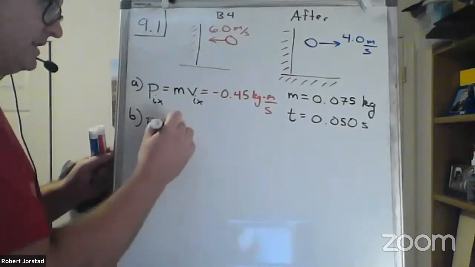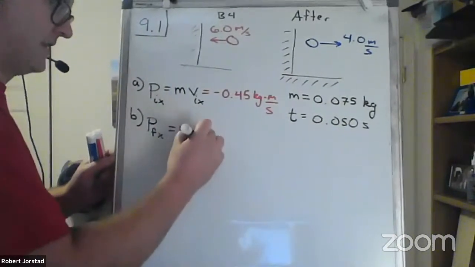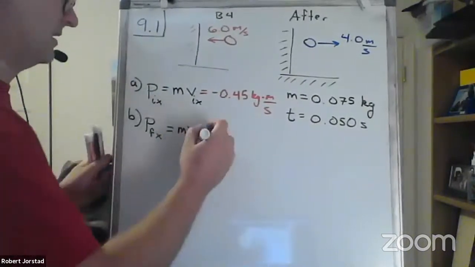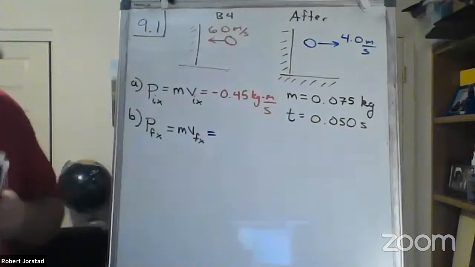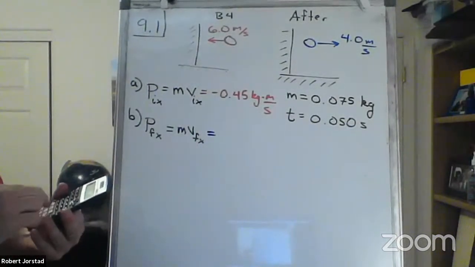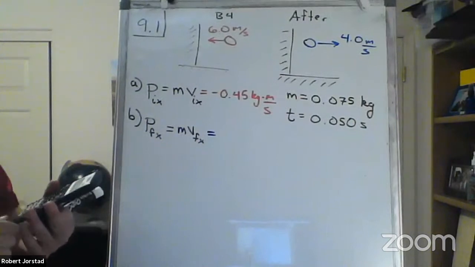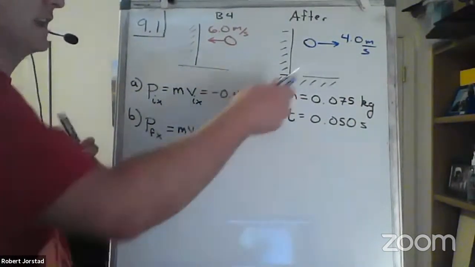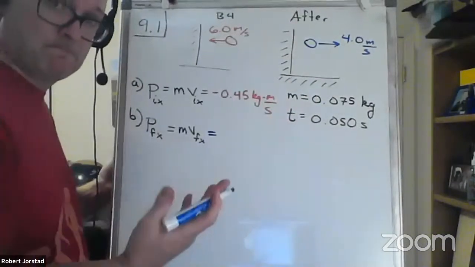Get rid of that vector now because I wrote the X. So we'll say P final X is equal to M V final X. What's that going to equal in this case? Just take that previous answer, divide by 6, times by 4. So 0.3. Is it positive or negative in this case? Positive.